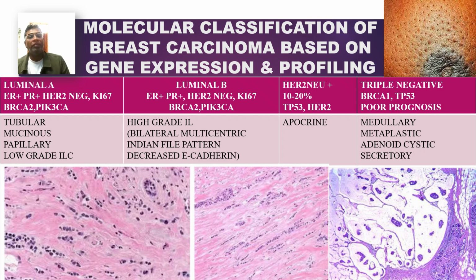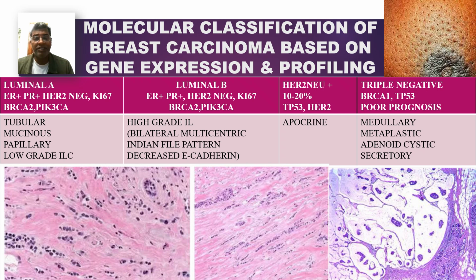Coming to one more terminology, that is Paget's disease of the nipple. The patient will come with a complaint of discharge from the nipple, and that further progresses into breast carcinoma. Paget's disease of the nipple differs from other skin diseases in that there will be involvement of the nipple first, followed by the areola, whereas in other skin diseases of the breast, the areola is first involved, then the nipple is involved.